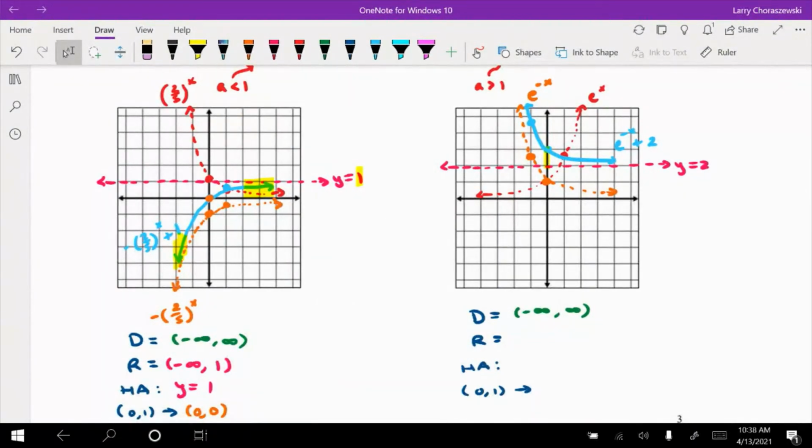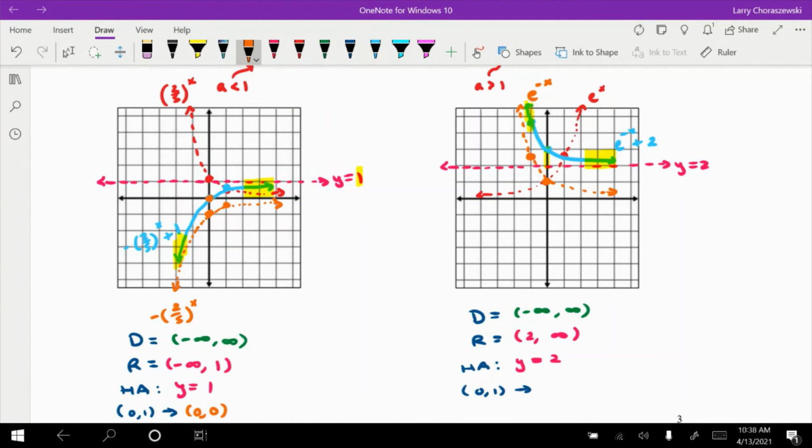You just wait. So the domain is all real numbers for number 4. The right end of this graph approaches 2, whereas the left end goes up to positive infinity. So the lower end of the range will be 2, and the upper end of the range will be infinity. Horizontal asymptote y equals 2.